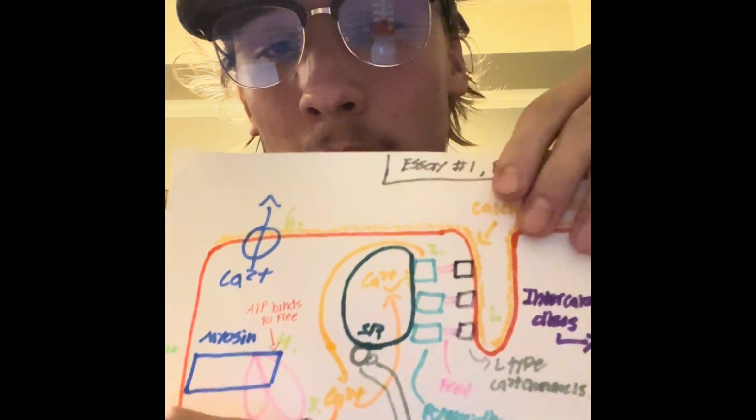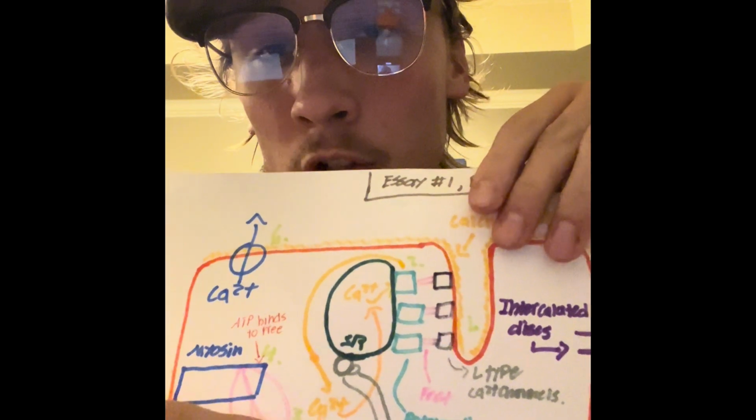The third way is that PKA is going to increase the affinity for calcium on the troponin Cs, so that troponin C is like, oh, I want more calcium, give me calcium. So that connection between calcium and troponin C is going to happen a lot more often, shifting those complexes, allowing for more cross bridges to form, increasing inotropy.